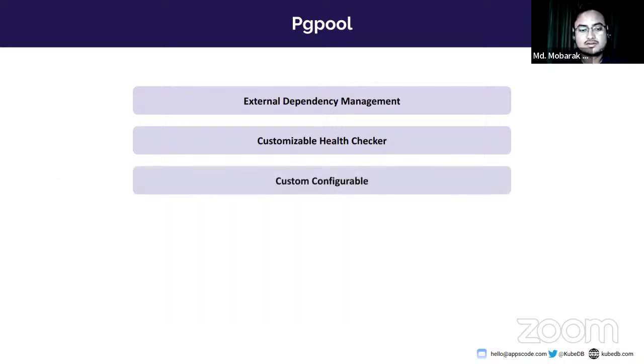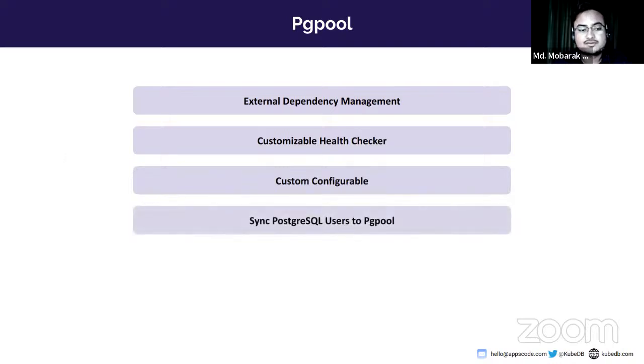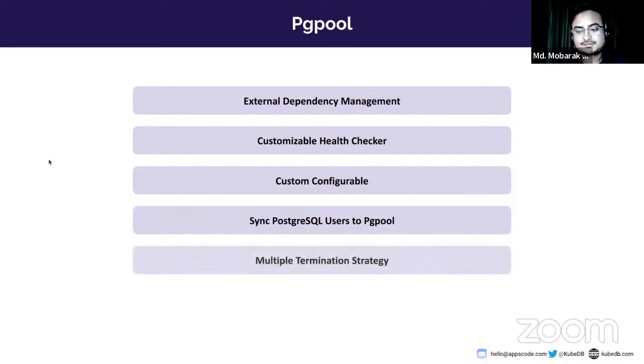Also, you can configure Pgpool with your own configuration easily within the same YAML of Pgpool. KubeDB Provisioner will sync users and passwords to Pgpool for all the users that exist in the Pgpool backend server automatically for you. We also have multiple termination policies.